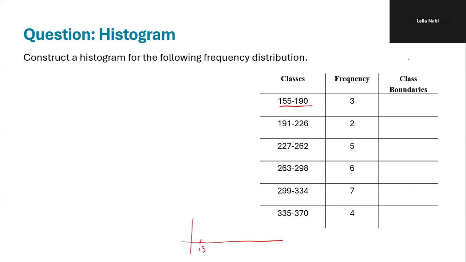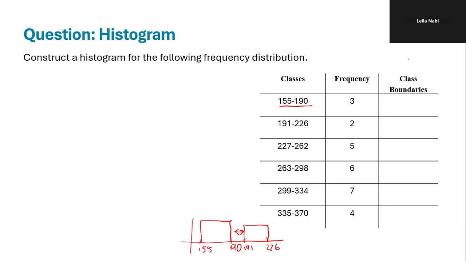So from 155 to 190, I can create one bar for the first class. And as you see, the second class is starting from 191 to 226. And if I create a bar for that class, there is a gap in between the bars. I can't just use the classes because if I want to use the classes, for sure I will have gaps between the bars, because the classes are not overlapping.